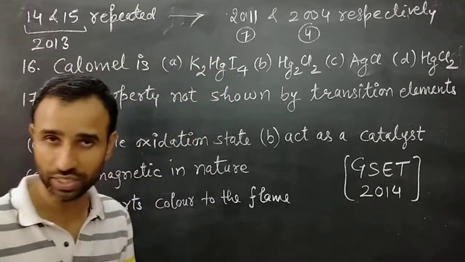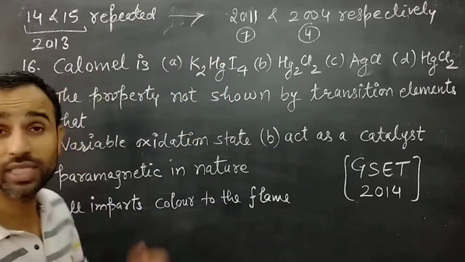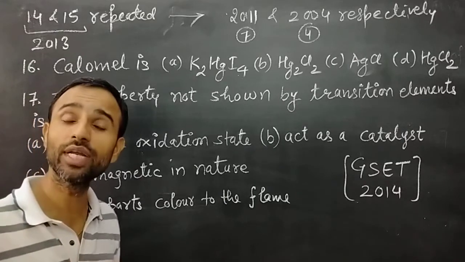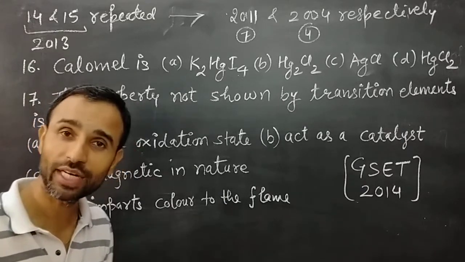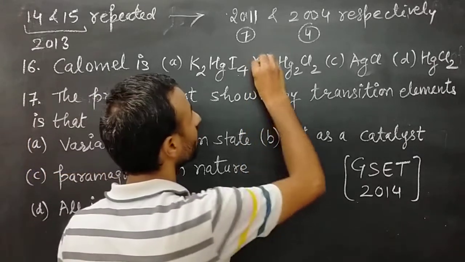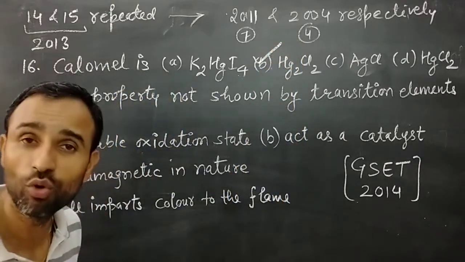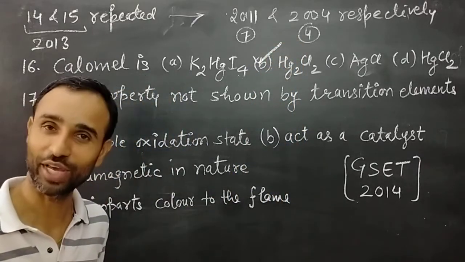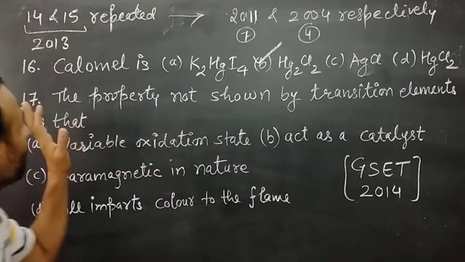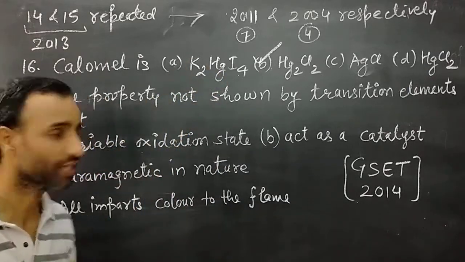So this is the Nessler reagent, but calomel is a component used in the reference electrode in electrochemistry, and that is mercurous chloride, Hg2Cl2. Okay, right? Now that means option B is correct.